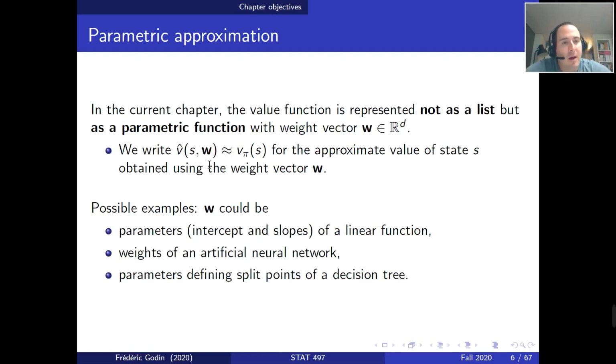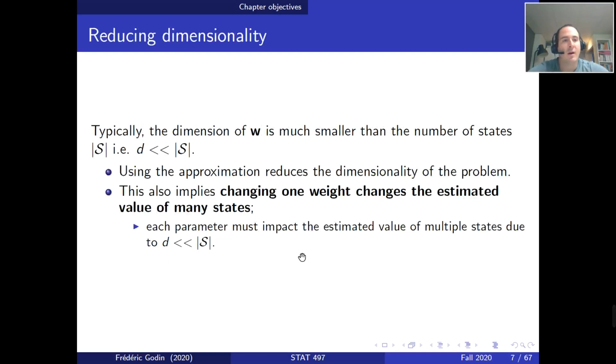So what this entails is, instead of learning the values for each state separately, we will try to learn what values of the parameters could best approximate the true value function. So why is that of interest again? Typically, the dimension of the vector W, which we call d, is much smaller than the total number of states.